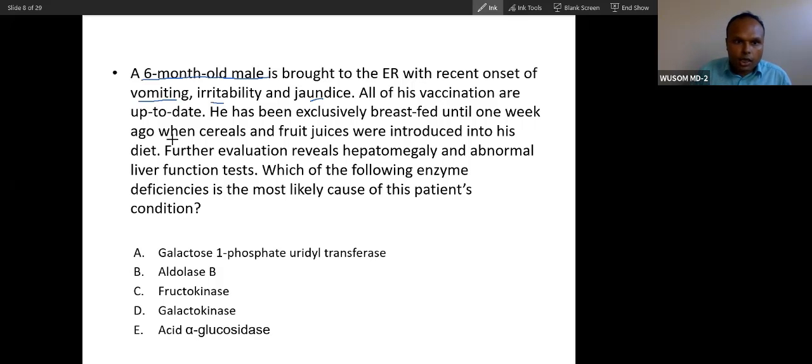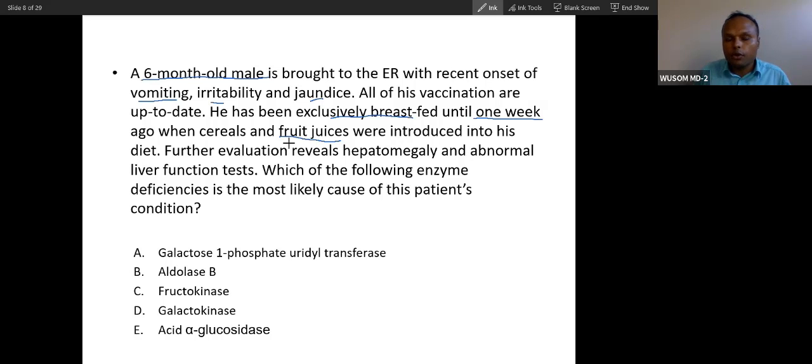All of the vaccinations are up to date, so there is no problem with vaccination. He has been exclusively breastfed until 1 week ago, when cereals and fruit juices were introduced into the diet.